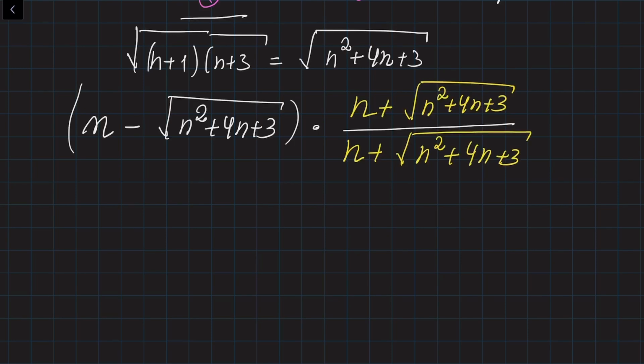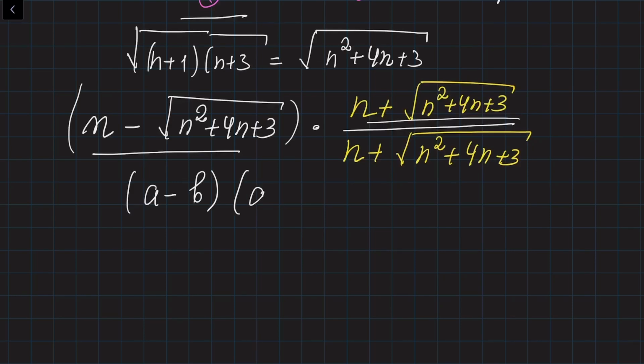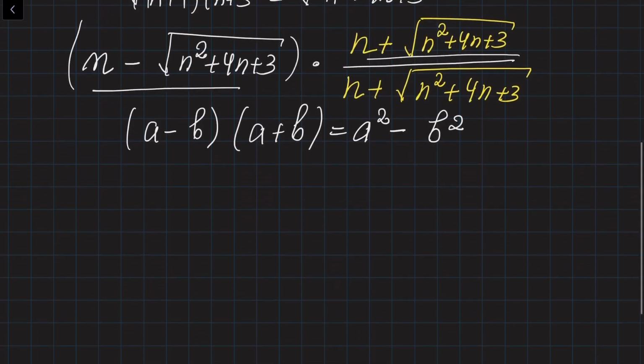Indeed, multiplication of this term by this term is really cool because it gets rid of the square roots, right? If you remember the formula (a minus b) times (a plus b) is equal to a squared minus b squared. Analogously, I'm going to apply this to these two terms in the numerator. Let's multiply them.